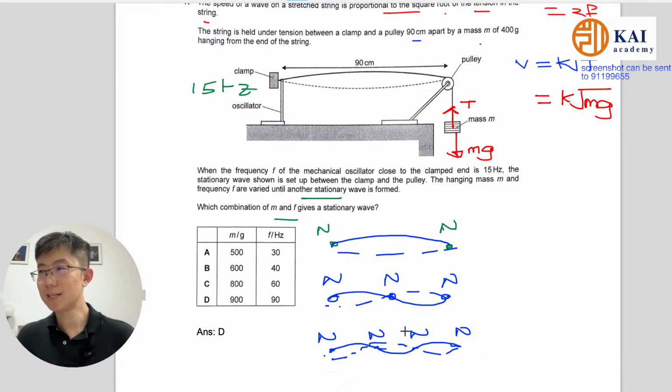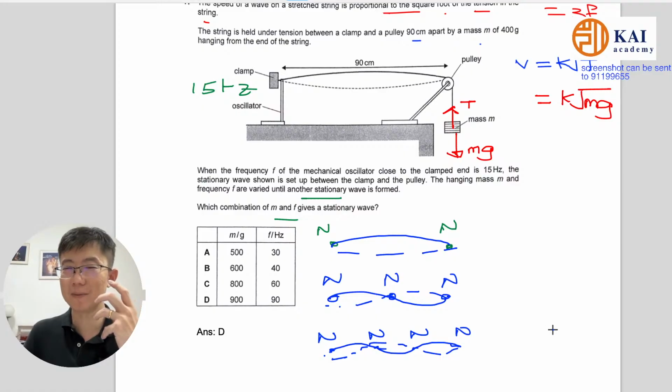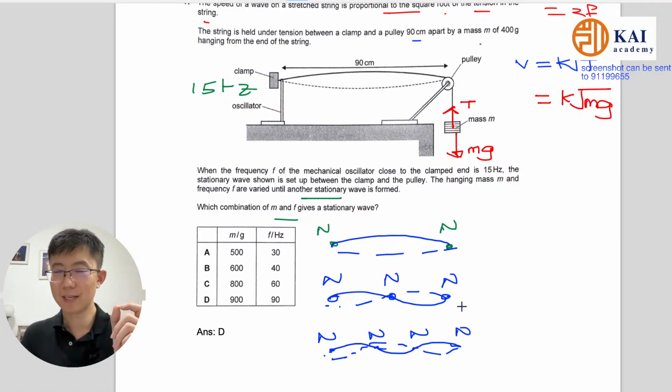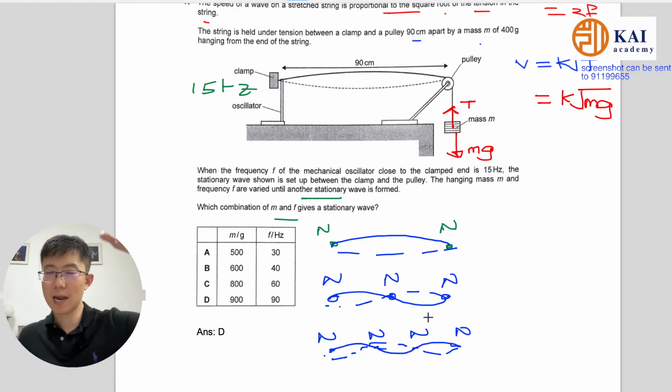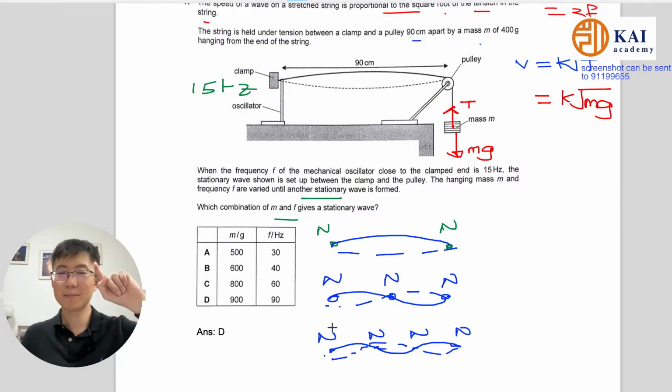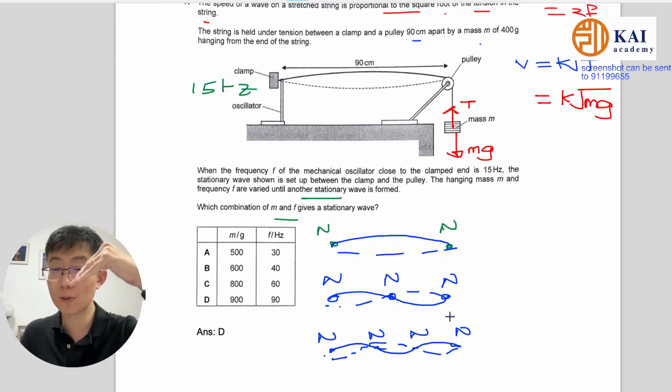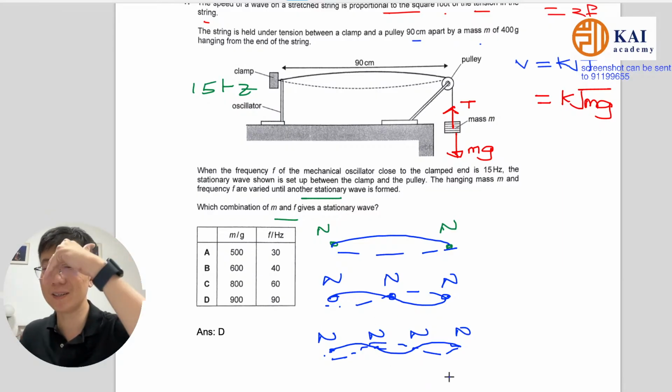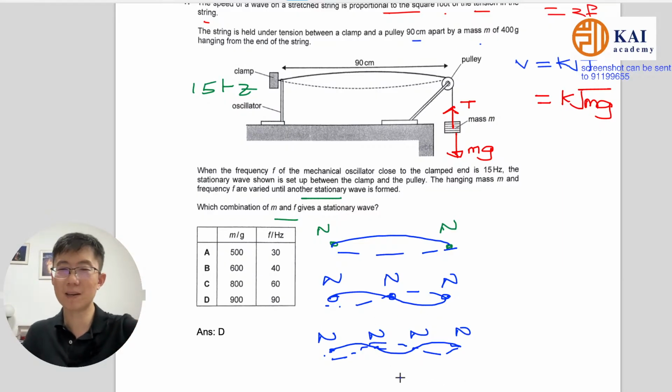Okay, there's actually a simple formula that we can use to remember this relationship. In my mind, what I do is I remember this set of diagrams. The first mode of vibration is one loop. The second mode of vibration is 2 loops. The third mode of vibration is 3 loops, which means the 101st mode of vibration will be 101 loops.